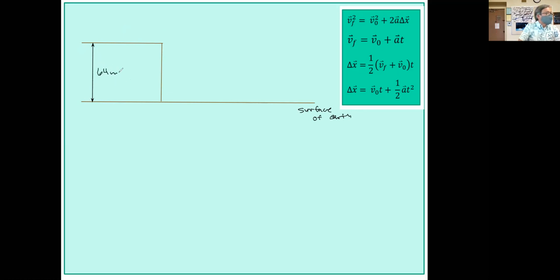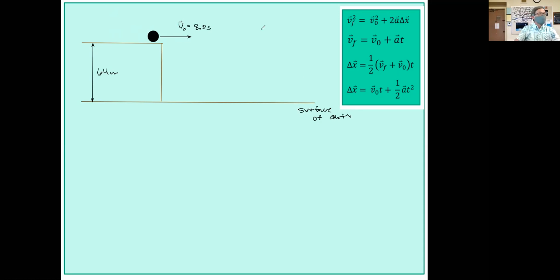We are also told that we have our object, and let's draw that in. There's our object, and it is being tossed off the cliff, off of our elevated platform, with an initial velocity of 8 meters per second. That's everything we are told in this problem and nothing more.